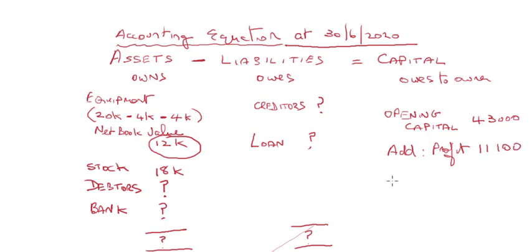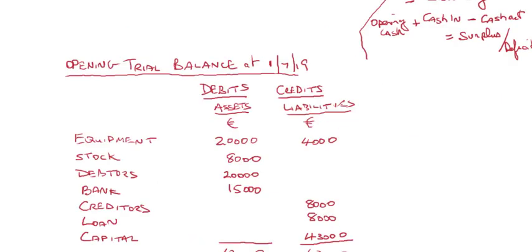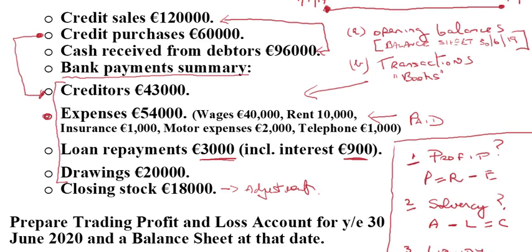However, there were drawings. So say less the drawings. Some of the capital was given back to the owner. What were the drawings? Let's go back up and see what they were. The drawings were 20,000.